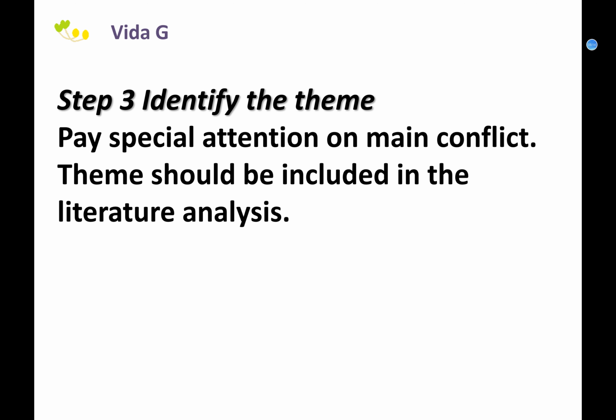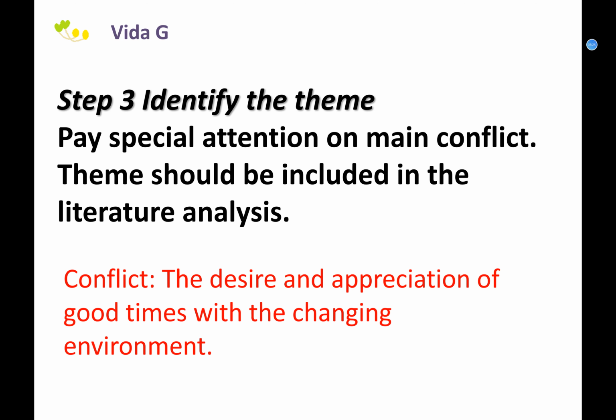Step 3. Identify the theme. Pay special attention to the main conflict, and themes should be included in the literature analysis. So the main conflict in this poem is the desire and appreciation of good times with the changing environment. It's pretty obvious.